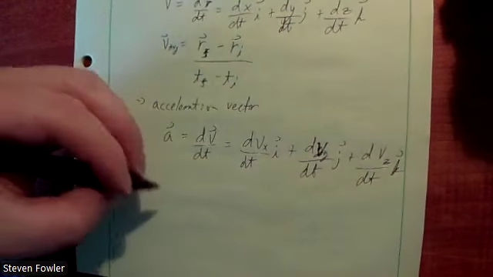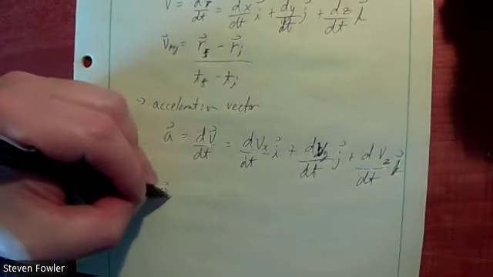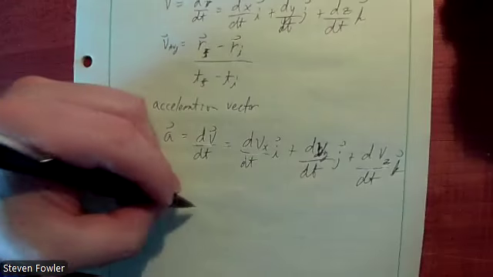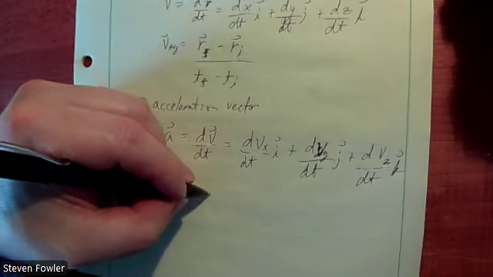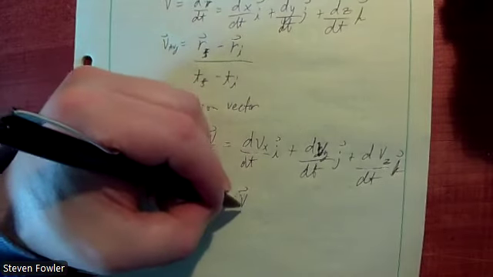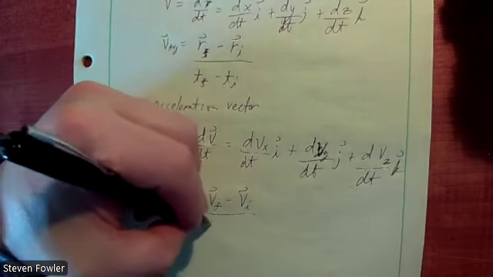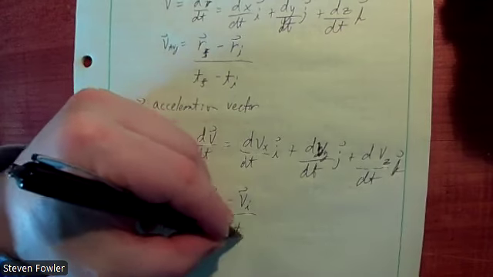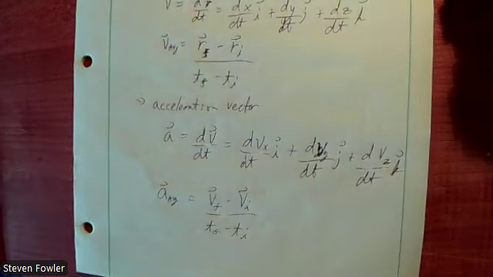And you can also have an average acceleration. That would be the final velocity minus the initial velocity over a period of time, time final minus time initial. Okay.